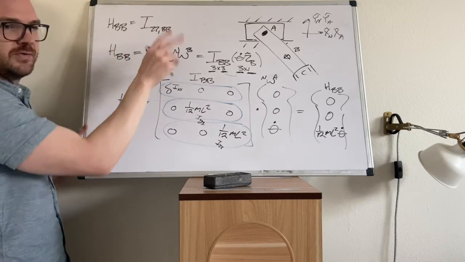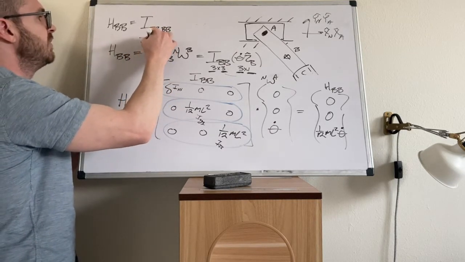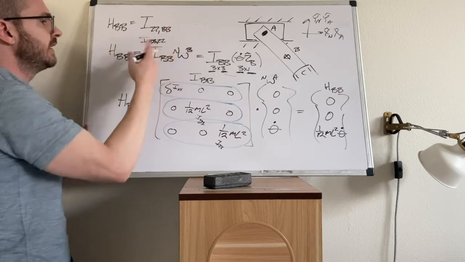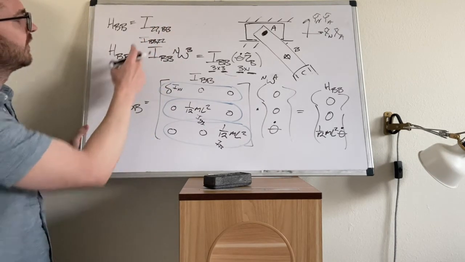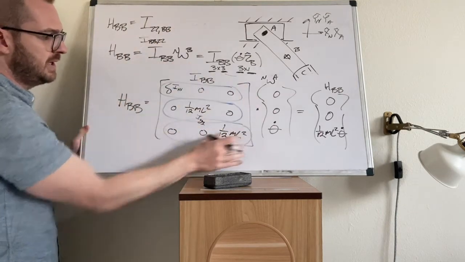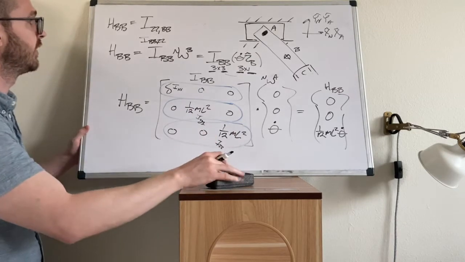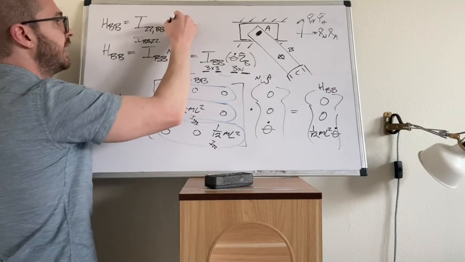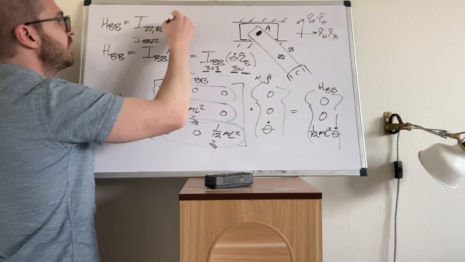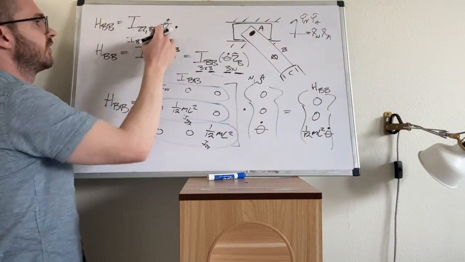Sometimes I swap these, it just depends. You might see me write this as IBB, comma ZZ. It's the same thing. I'm saying it's the IZZ term out of the IBB dyadic. So it's the 3, 3, third row, third column, multiplied by theta dot, because this is now a scalar times a scalar.